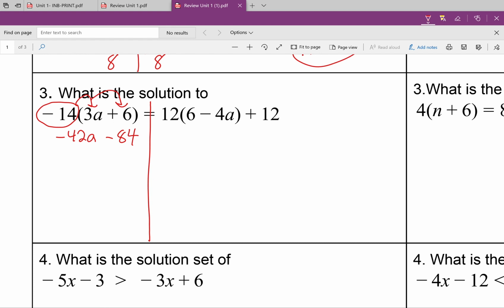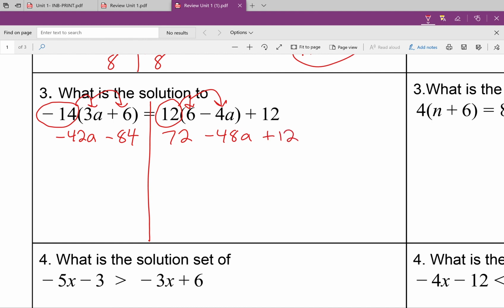And then the other side, I'm going to multiply 12 inside the parentheses. So 12 times 6 is 72. And 12 times -4a is -48a. And then I'm going to bring down this plus 12.